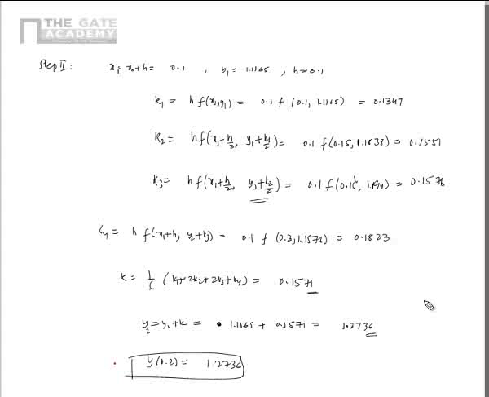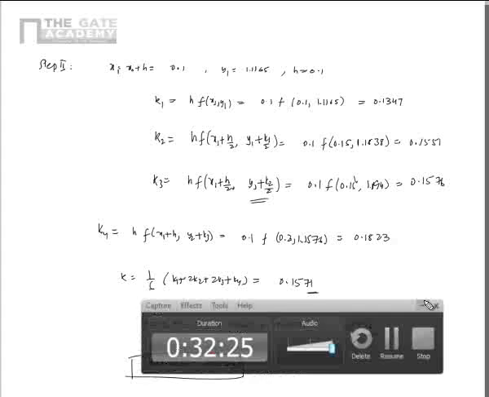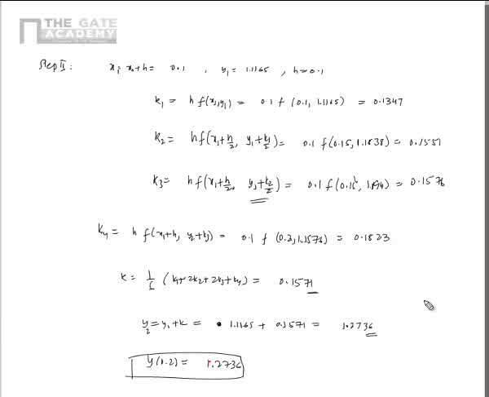We have used two steps; in steps of 0.1 we have taken the interval of x, and that's why we have applied the Runge-Kutta method two times. So this is quite simple. You have to just apply that method step by step, calculate k1, k2, k3, k4, and then the weighted mean, and then get the required value.